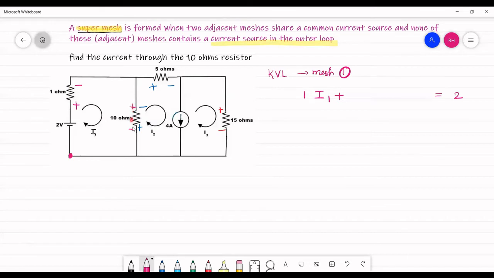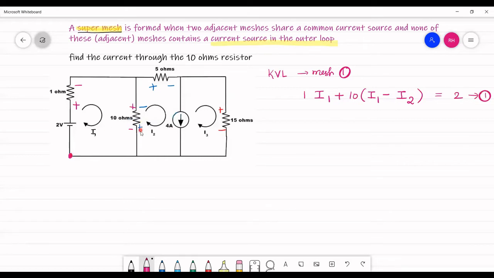I travel again from plus to minus, where there are two currents: plus 10 into I1, and the other current is minus I2. Now I have completed my rotation and come to the starting point itself. So I have the first equation.